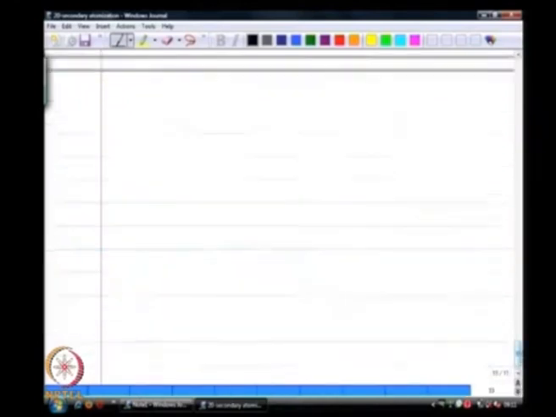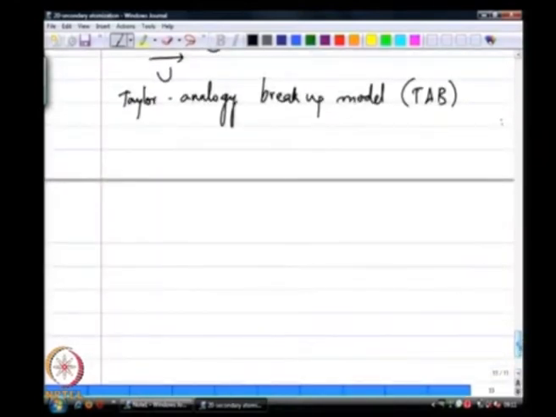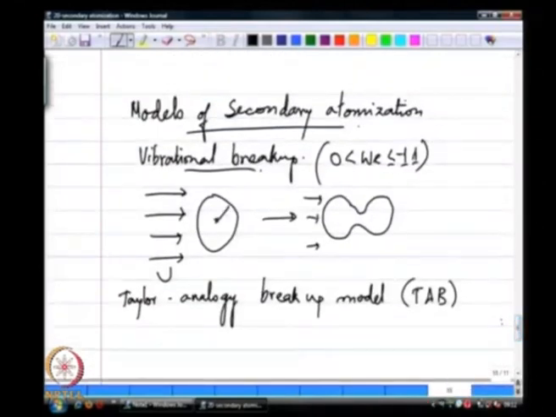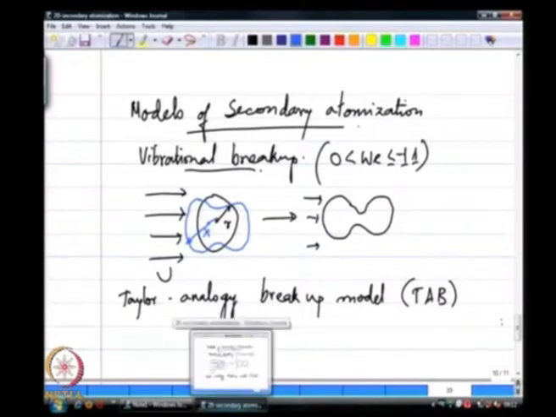The approach in this model is quite simple. You take a drop of some radius r and superpose over it a disturbance, some x.